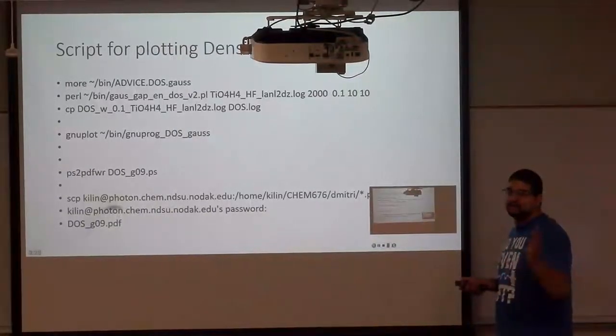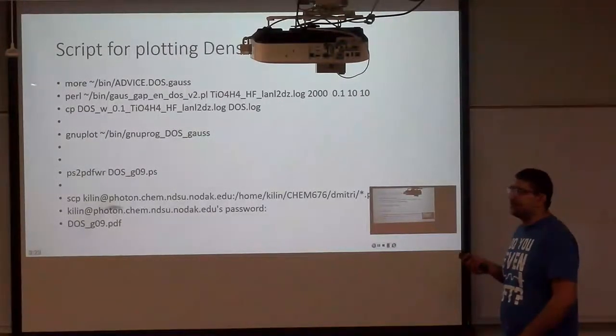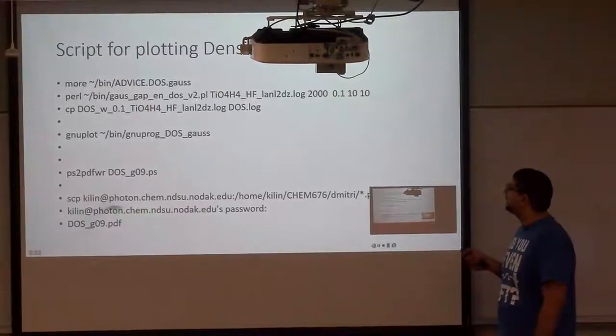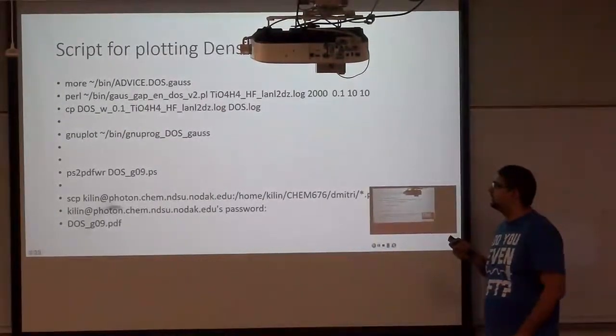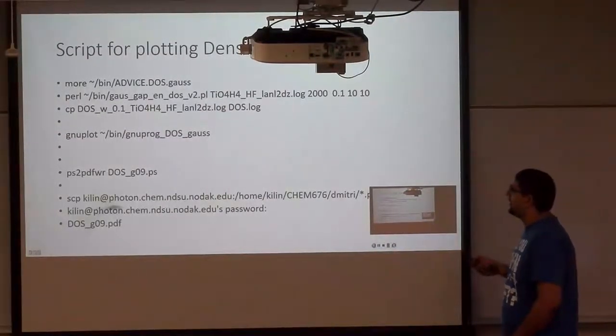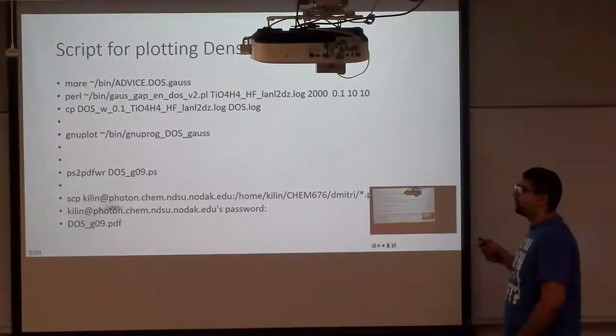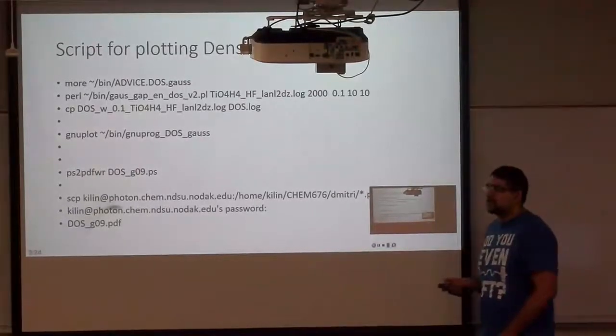file. This is related to what Kweeni did in the previous presentation. Right here, where my pointer is, is a .log file we're using. Okay, and then on this third line, we're copying our .log file, and we're making a new one that's just named dos.log.